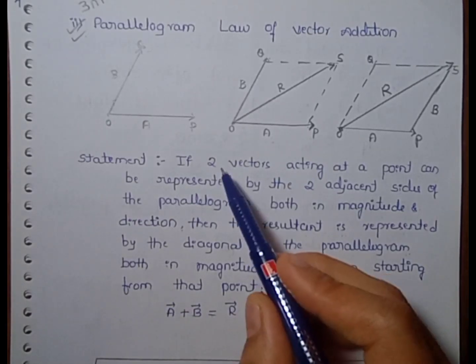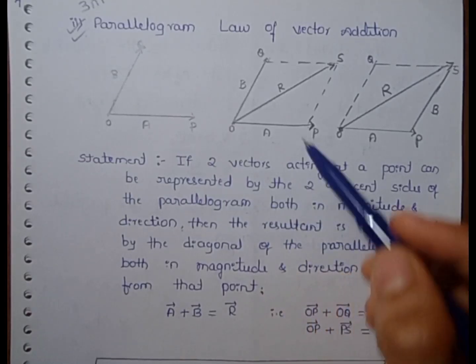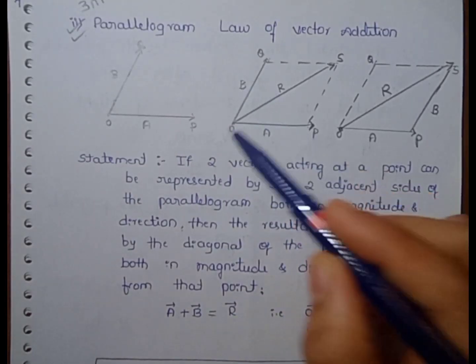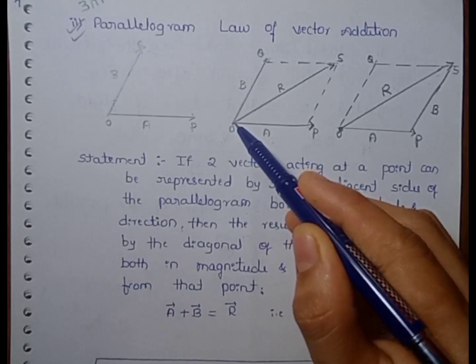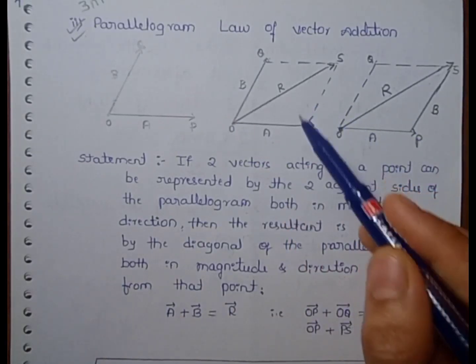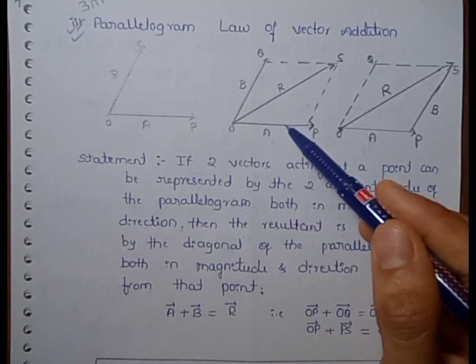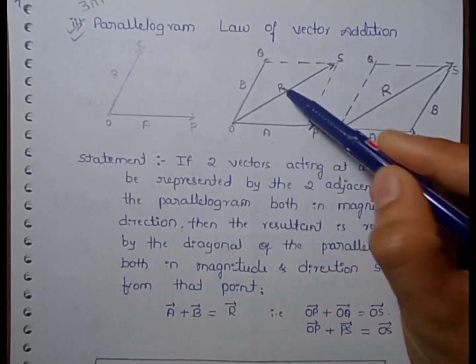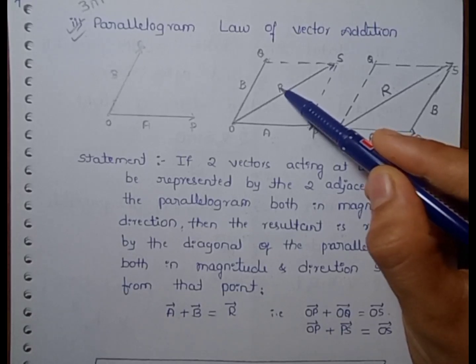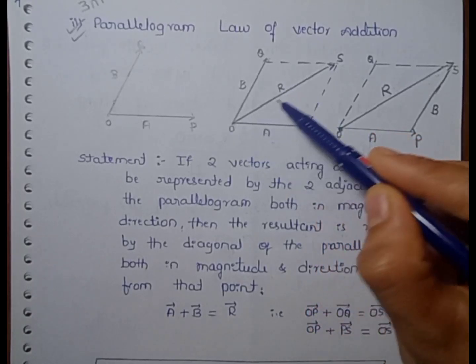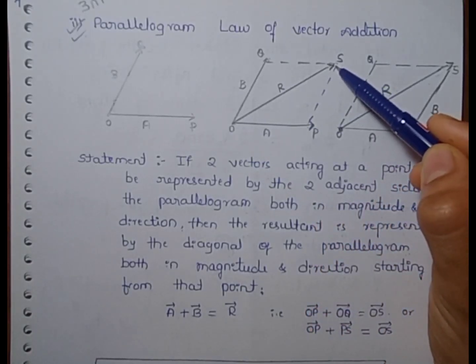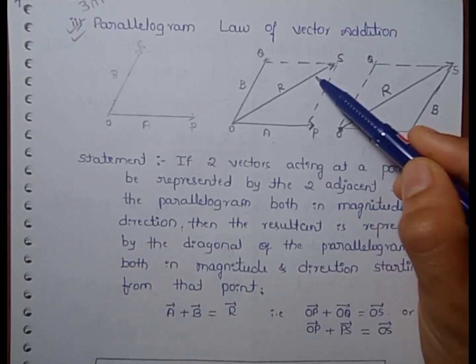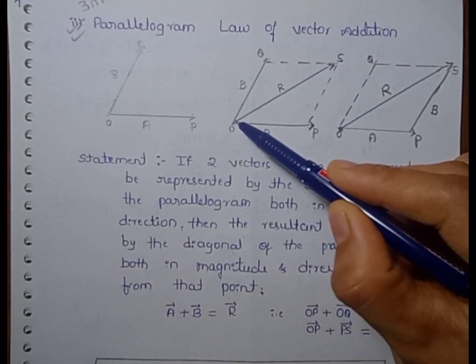What does this say? If we consider two vectors, vector A and vector B, acting at a point O, represented by the two adjacent sides of the parallelogram both in magnitude and direction, then the resultant is represented by the diagonal of the parallelogram both in magnitude and direction starting from that point.